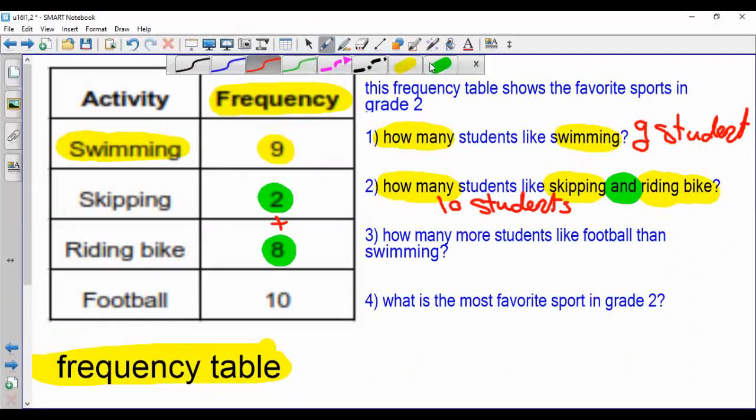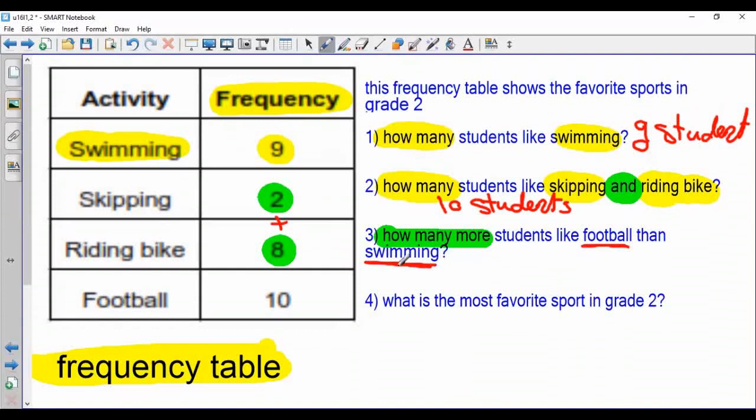Let's have a look at this. How many more? This question is not asking about the frequency of something. No, it is asking about the difference between two things. Why? Because it's asking how many more students like football than swimming.